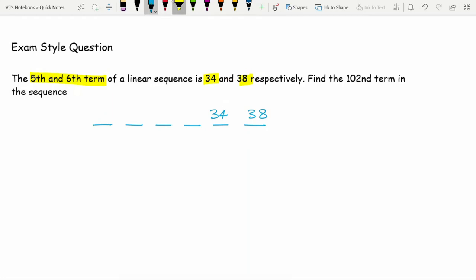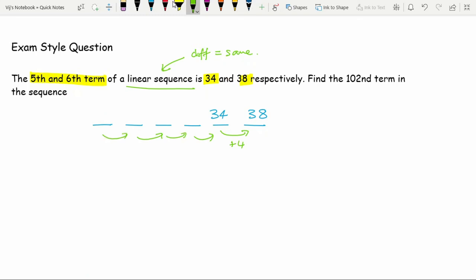Now the next key word in this is linear sequence. This means that the difference between each term is going to be the same, and that's really, really important. Looking at the difference between 5 and 6, that's going up by plus 4. So the difference between each consecutive term is going to be plus 4.